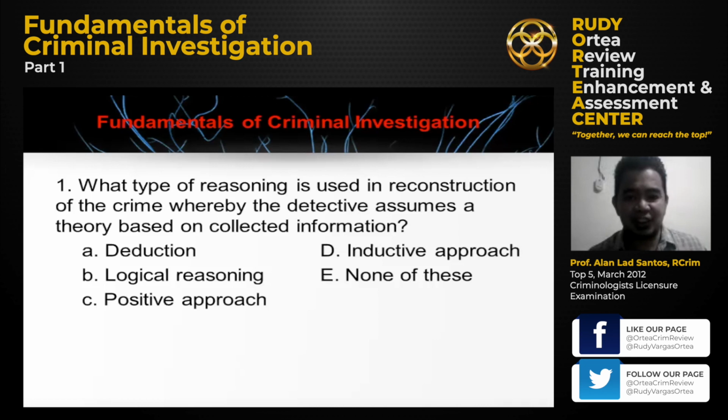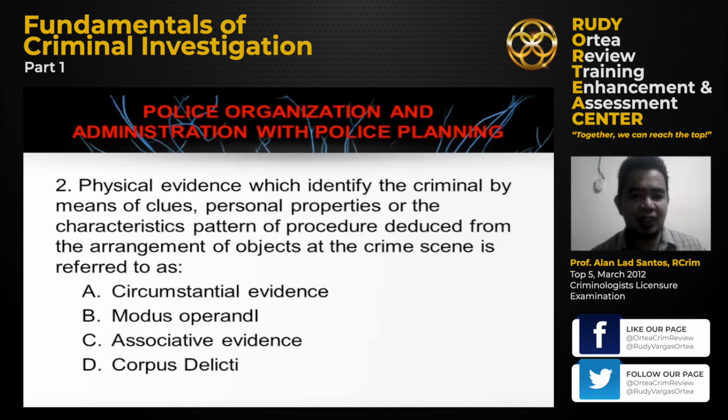Let us now proceed to this one. Physical evidence which identifies the criminal by means of clues, personal properties, or characteristic, pattern, or procedures deduced from the arrangement. I want you to remember this.